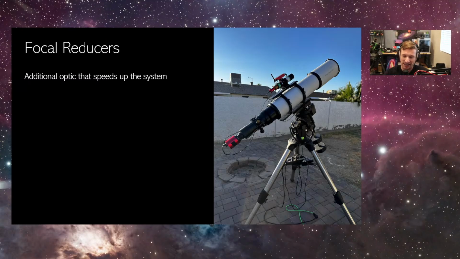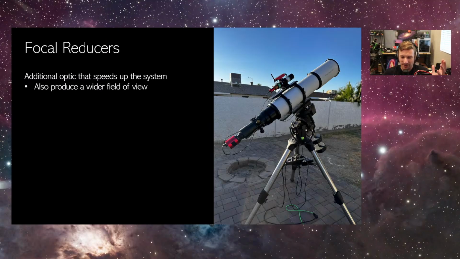It's got a couple lenses, maybe a few lenses in there, depending on how elaborate and how much reduction the reducer is going to give you. And every reducer is different. So you need to check again with the manufacturer on what that actually is going to produce and the reduction factor. The more severe the reduction factor, or the faster that is, the smaller the image circle is going to be.